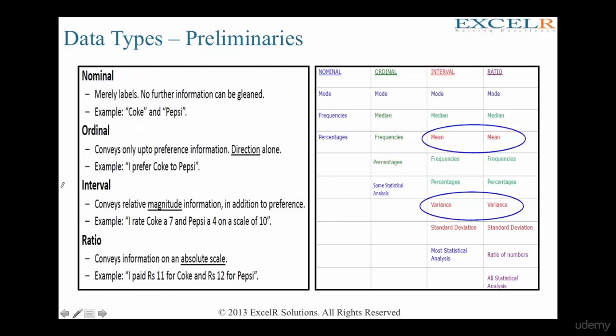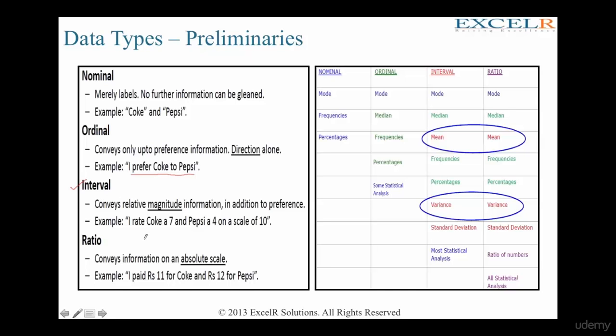If I move further to interval data, it is also going to convey the magnitude of the information. Here you are saying you prefer Coke to Pepsi, but how much you like Coke over Pepsi is not provided, right?